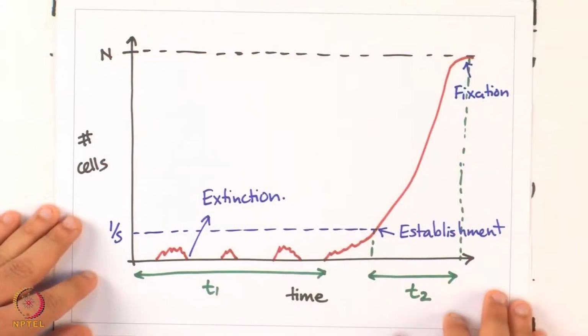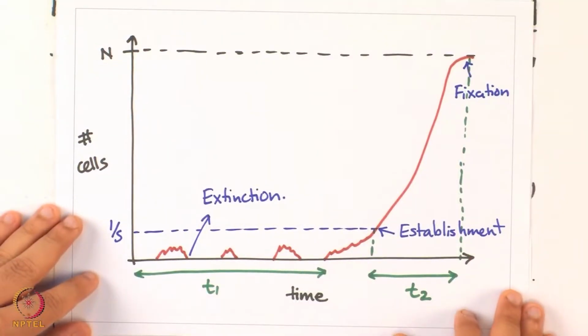So, if we just start with the graph that we had drawn last time, we know this dynamics of a mutation.